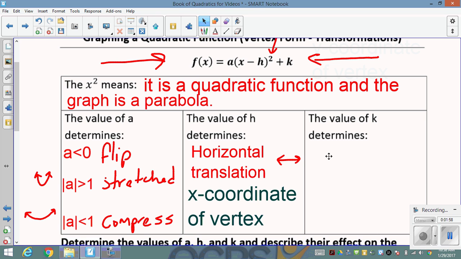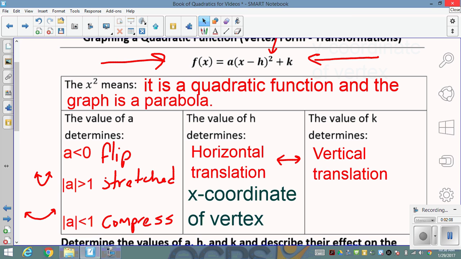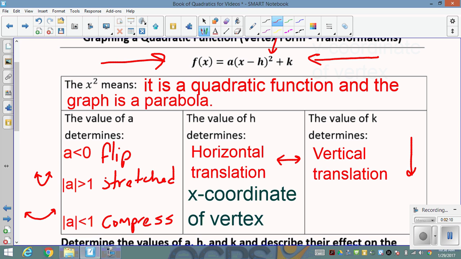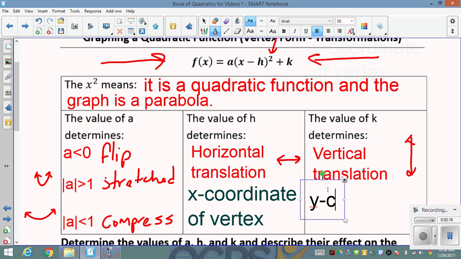And then our third, k, is our vertical translation, which gives us the y-coordinate of our vertex. So again, our vertical translation is going to go up and down, and that is going to give us the y-coordinate of our vertex.